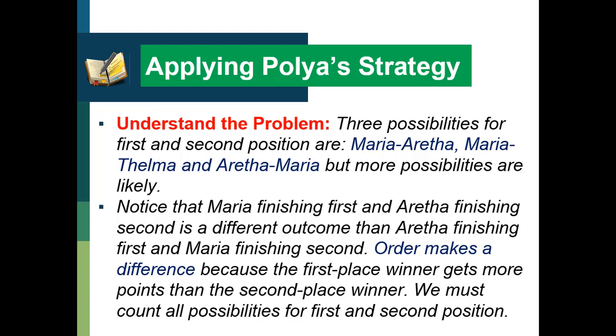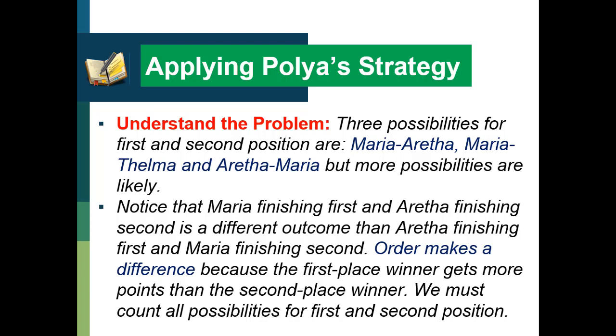Since the first place winner gets more points than the second place winner. So Maria Aretha is different from Aretha Maria. Because Maria Aretha means Maria got the first place but Aretha got the second place. Aretha Maria means Aretha got the first place but Maria got the second place. So we must count all possibilities for first and second place.